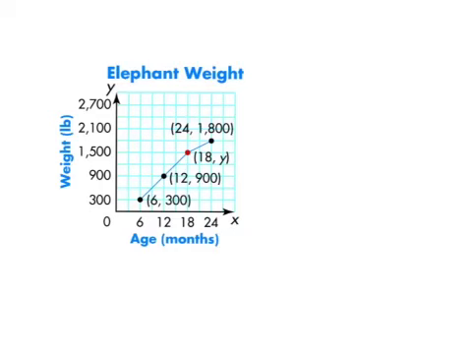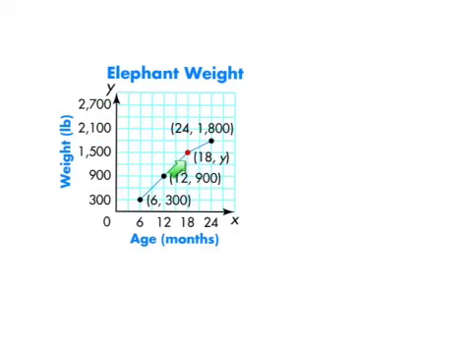Here's another graph where we're taking a look at the weight of an elephant based on its age. And you can see that, of course, as the elephant gets older, the elephant gets heavier. So moving to the right is our age, and moving up is the weight, and it's getting larger as we go up.